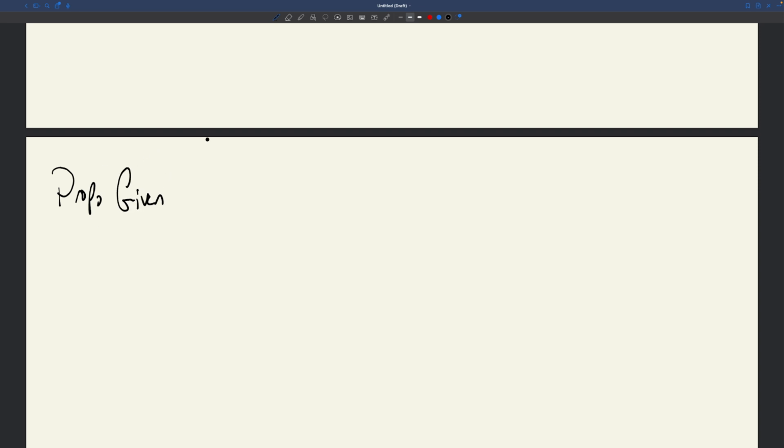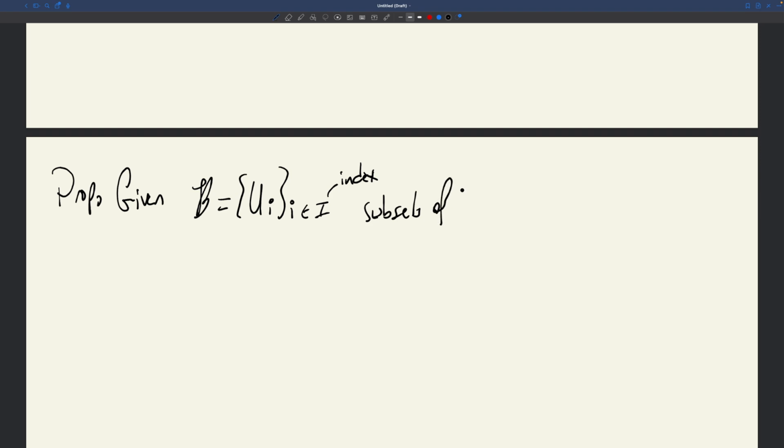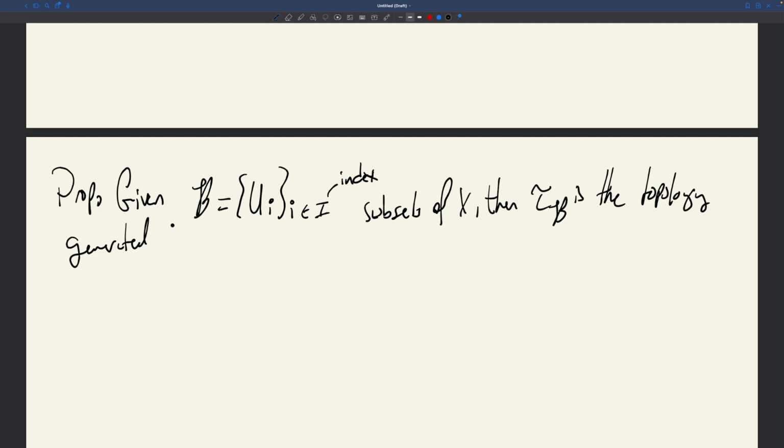Given that our basis set is going to be a family of sets U_i, where i is in the index set, subsets of X, then tau of B is the topology generated by B.